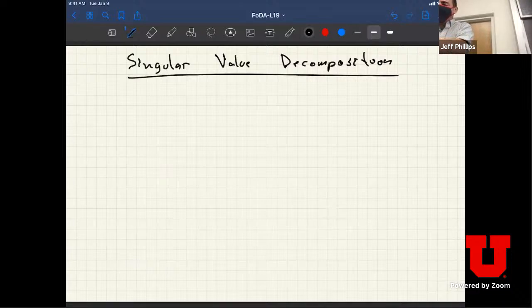We're going to take an input matrix A, and write it as the product of three matrices: U times S times V transpose. A is my input, my N by D matrix, and I'm going to write it as the product of three matrices.